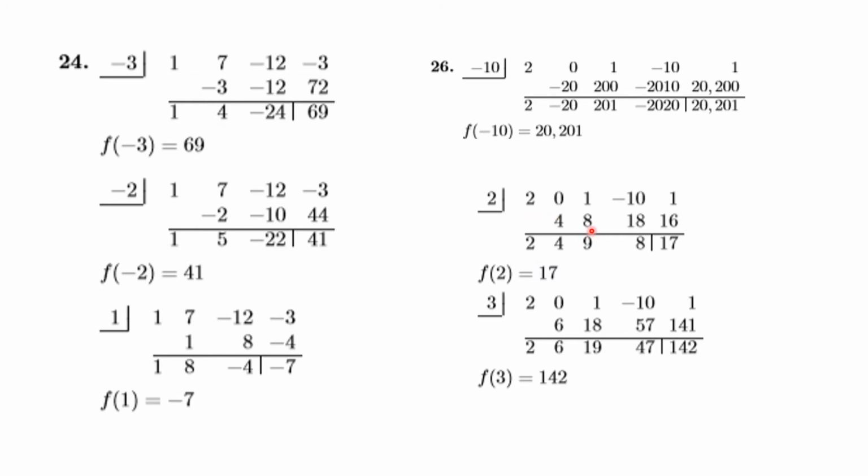Add up and down and get 4. 4 times 2 is 8. Add up and down and get 9. 9 times 2 is 18. Add up and down and I get 8. 8 times 2 is 16. I add up and down and I get 17. That means that in this case f of 2 is 17. And there's some other examples here that are useful for you to check.